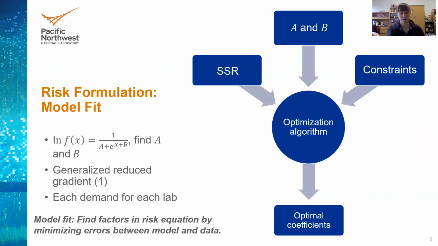So we wanted to find the optimal a and b such that our model most fit our data. We had no constraints. We passed this into the GRG nonlinear method, which looks at the gradient of a function when its partial derivatives are equal to 0. And then we found the optimal variables, or in this case coefficients, a and b, such that we had the closest model for the data that we were trying to model.